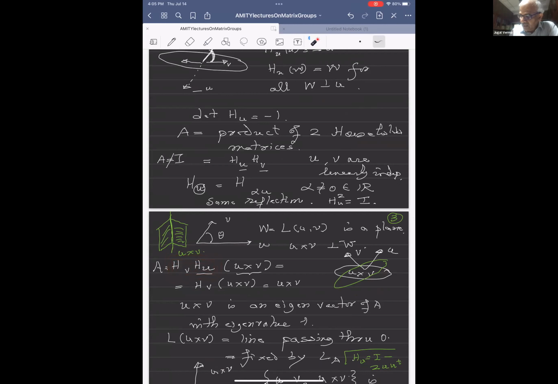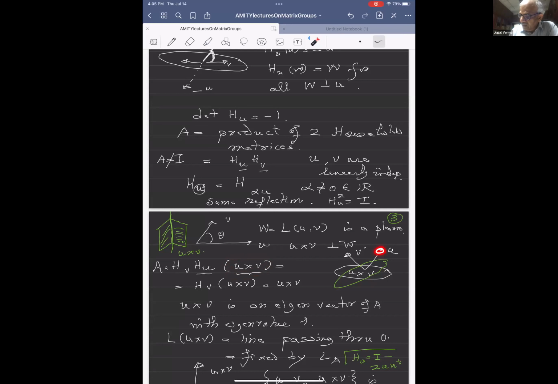We were trying to show that it's a matrix of rotation, and we identified the axis of rotation. The axis of rotation is parallel to U cross V, and the plane of rotation is the plane of U and V.